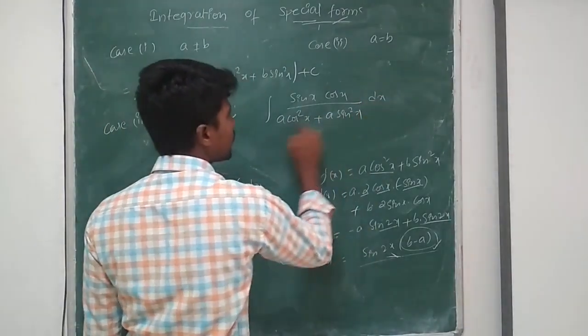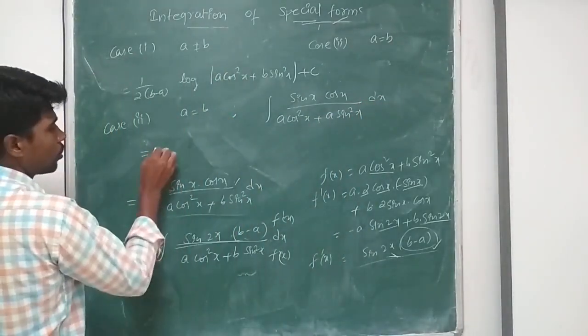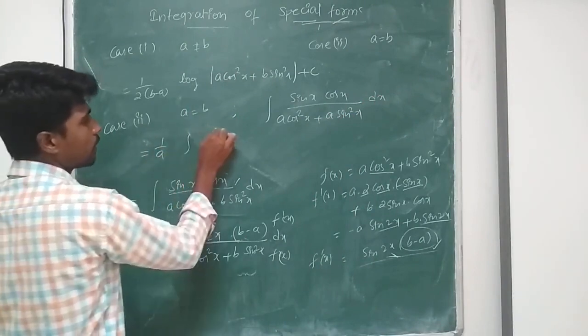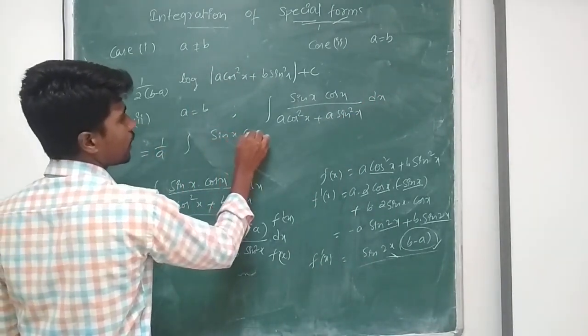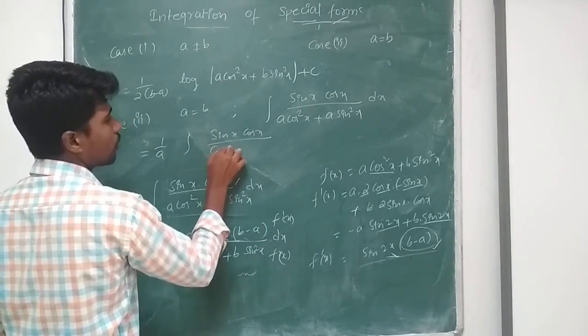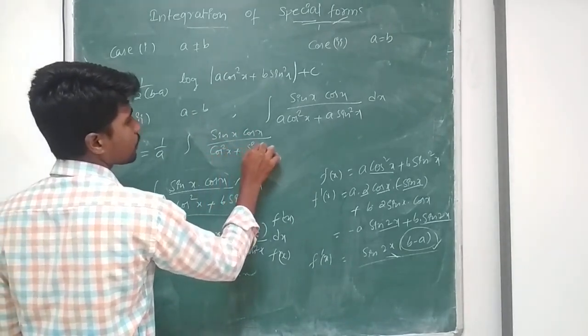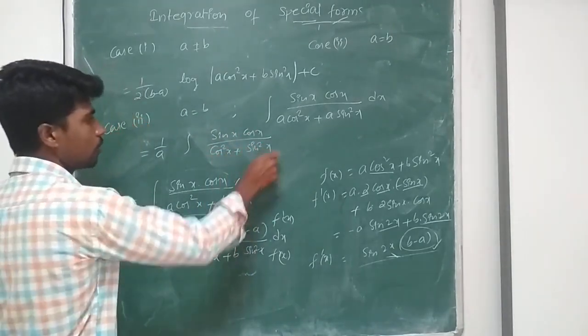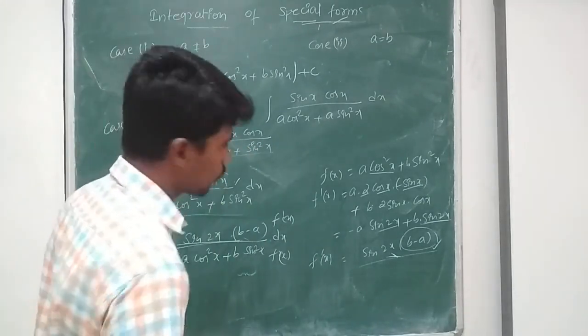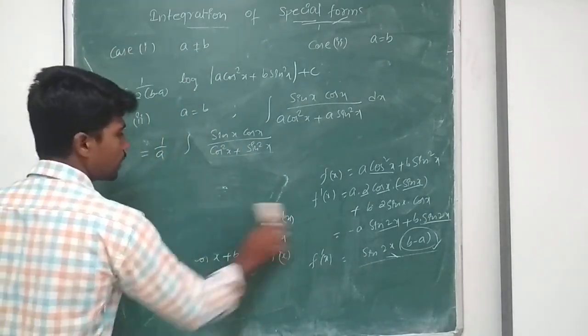Both also have a, so I can take a common. So 1 by a integral sin x cos x by cos square x plus sin square x. I know cos square x plus sin square x is 1, so I can substitute that value as 1.